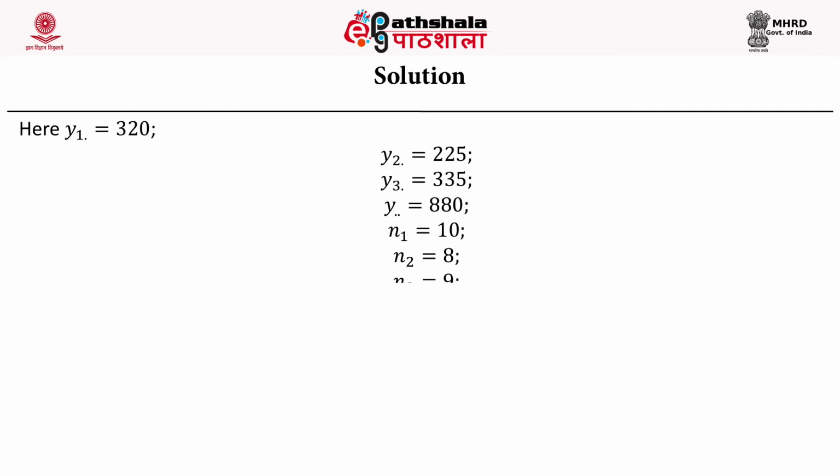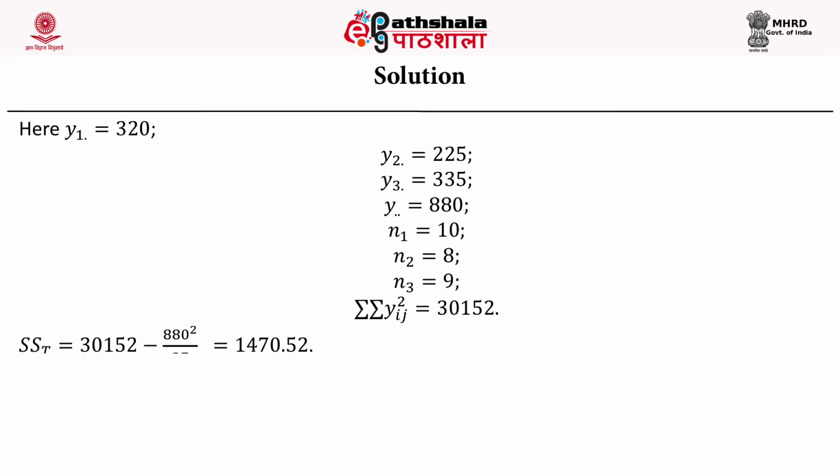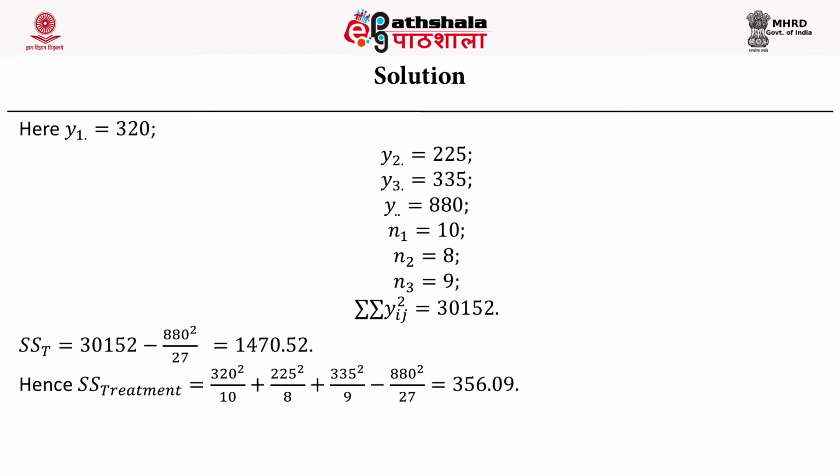Sum of square of total equals 30152 minus 880 square upon 27, which is equal to 1470.52. Sum of square treatment comes out to be 356.09, and sum of square of error is equal to 1470.52 minus 356.09, so sum of square error equals 1114.43.